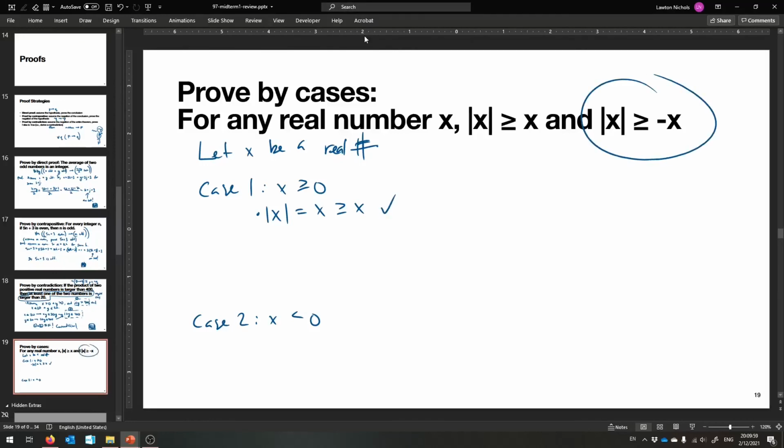We also need to prove this: absolute value of x is greater than or equal to negative x. So absolute value of x is equal to x, but x is greater than or equal to 0. And that implies that this is true. If x is greater than or equal to 0, then if you negate both sides, negative x is less than or equal to 0.